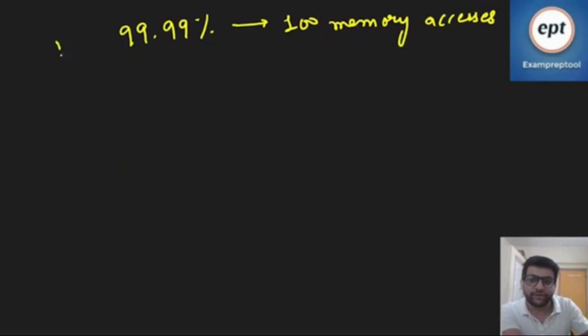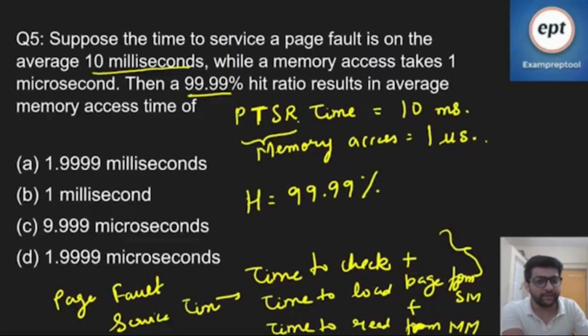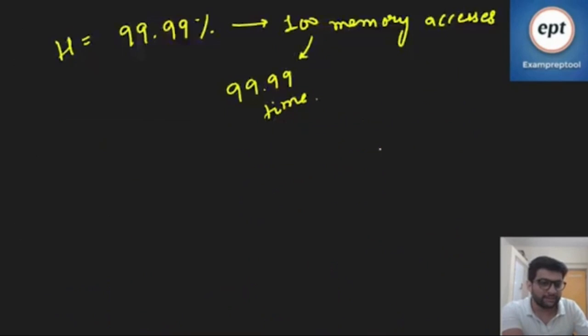If we have a hit ratio of 99.99, it means that out of these 100 times, 99.99 times, how much time did it take to get the page? It is equal to the memory access time, which is equal to 1 microsecond.